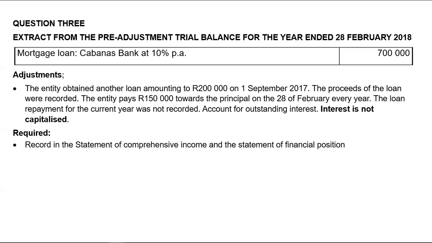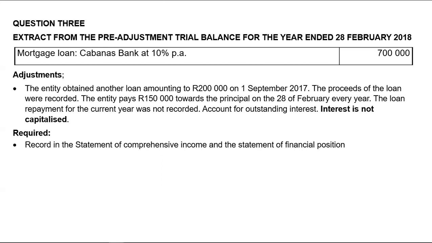So that means that the 700,000 we got in our pre-adjustment trial balance already includes the 200,000, because that 700,000 is the balance at the end of the year.